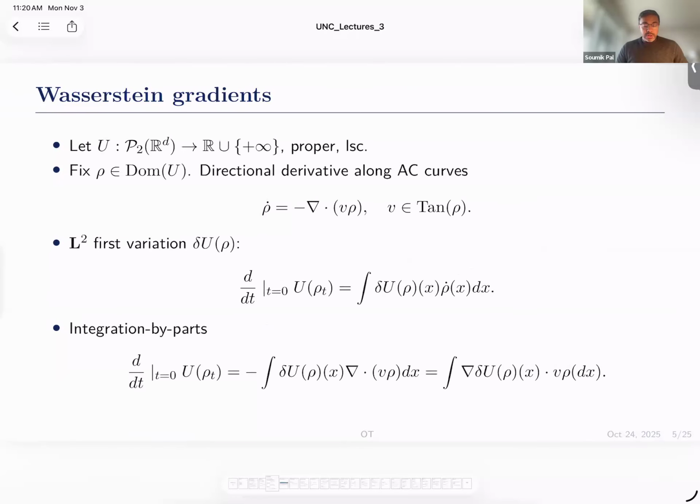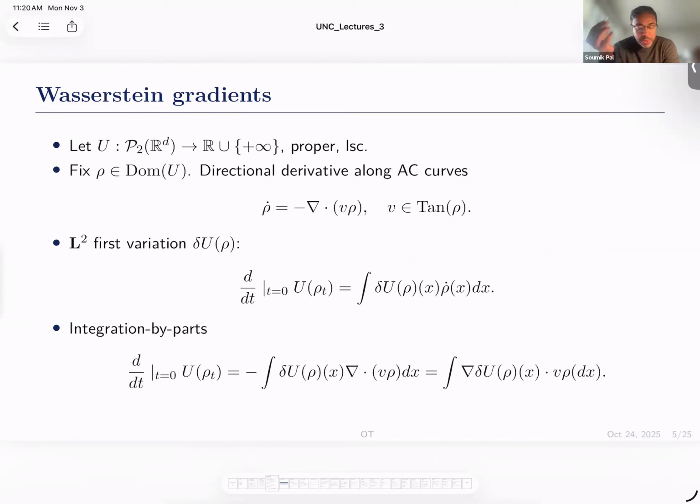Then Youngman has already talked about the concept of Wasserstein gradient. I'll give a slightly different perspective. The idea is still the same: I have a function from the space of probability measures to the real line, and I will include infinity. I need to include infinity when I'm doing infinite dimensional analysis because functions will typically not be defined over all probability measures, just some subset.